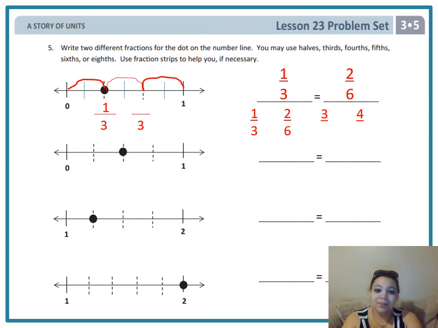So we have 3, 6, 9, 12. And then just like we saw before, we have that 2/6 as an equivalent fraction, but we also see other equivalent fractions that would also work. So as you are working on this, you can use both ways, using the number line and using your quick equivalents to help you double check, okay?